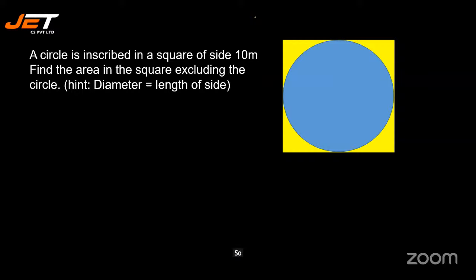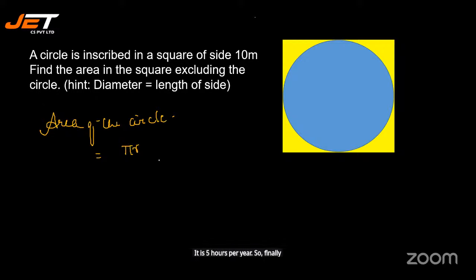So find the area of the square excluding the circle. The same theory that we are applying. So what is the area of the circle? It is pi r square. So pi into what is r? Diameter is the length of the side, that is 10.